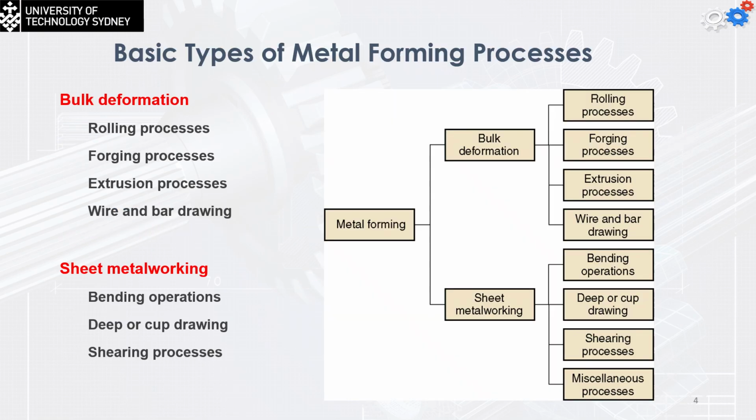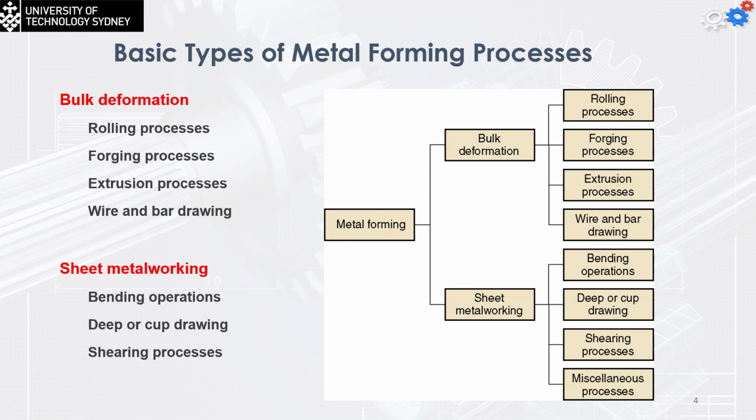The basic types of metal forming processes are the bulk deformation and the sheet metal working. Bulk deformation is when we start with a block, for example, or a rod, whatever it is, but we add a force to something that has quite high thickness. So we can do the rolling process, the forging process, the extrusion process, and the wire and bar drawing.